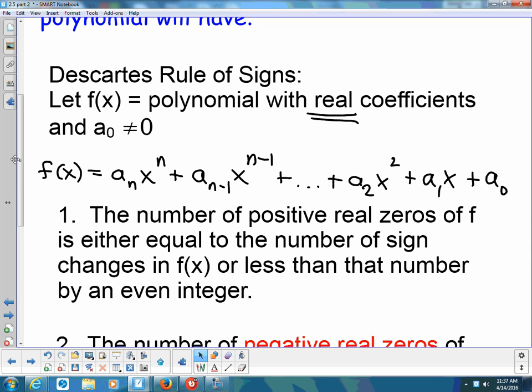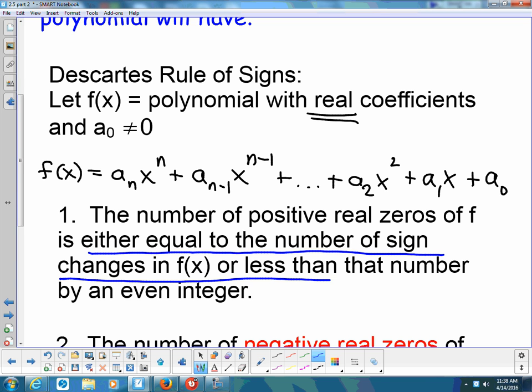And the first part of Descartes' rule says the number of positive real zeros of the function f is either equal to the number of sign changes in f of x, or it's going to be less than that number by an even integer.